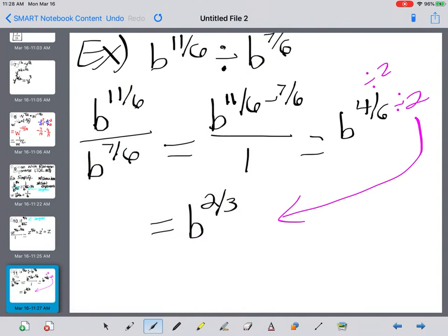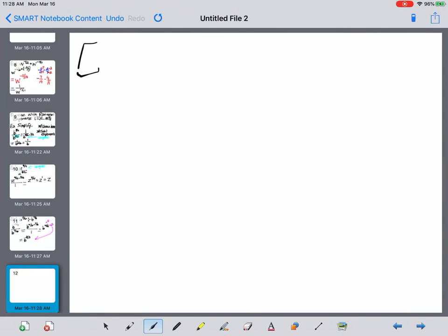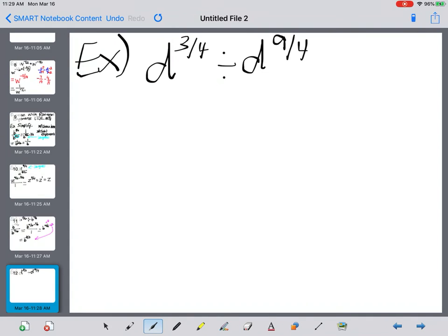All right, just one more example. I think we're pretty good on this. So let's say that we have d to the 3/4 divided by d to the 9/4. Really the same thing. So let's just write it as a fraction.